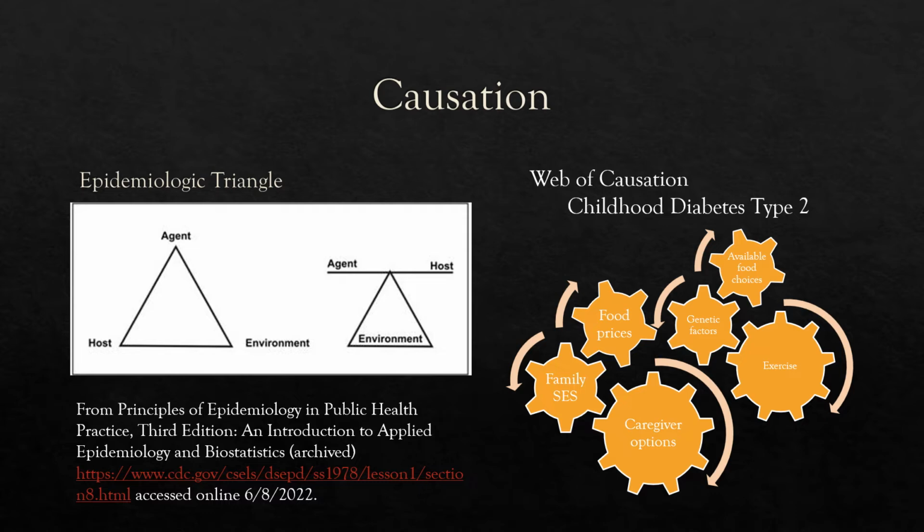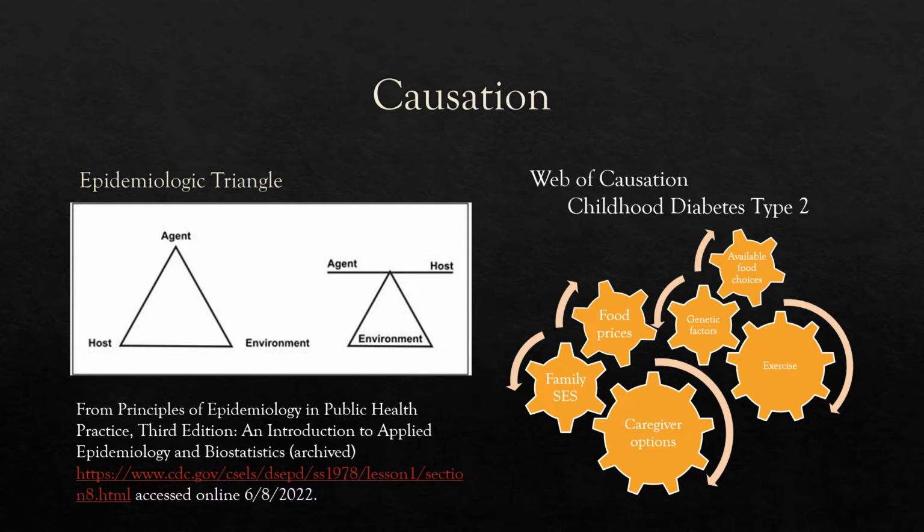Taking all of that into account with a family history of diabetes or a family culture that's sedentary, or the food choices that are available in the proximate neighborhood, or the ability to exercise safely.